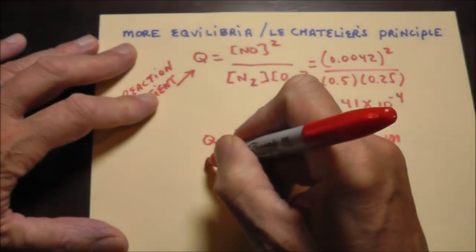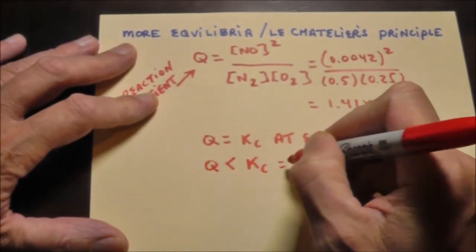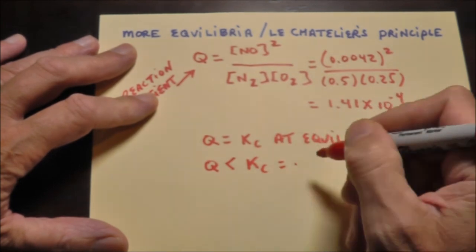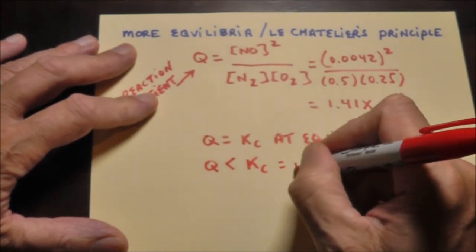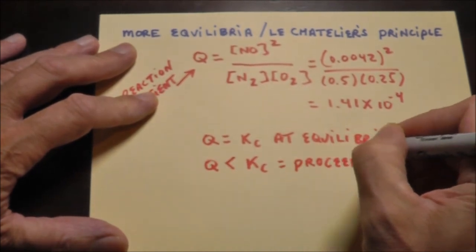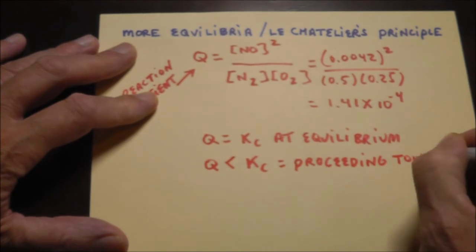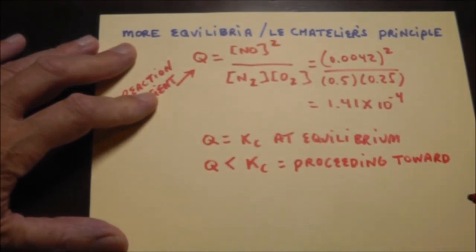Like our scenario, Q less than Kc means the reaction is proceeding toward the products.